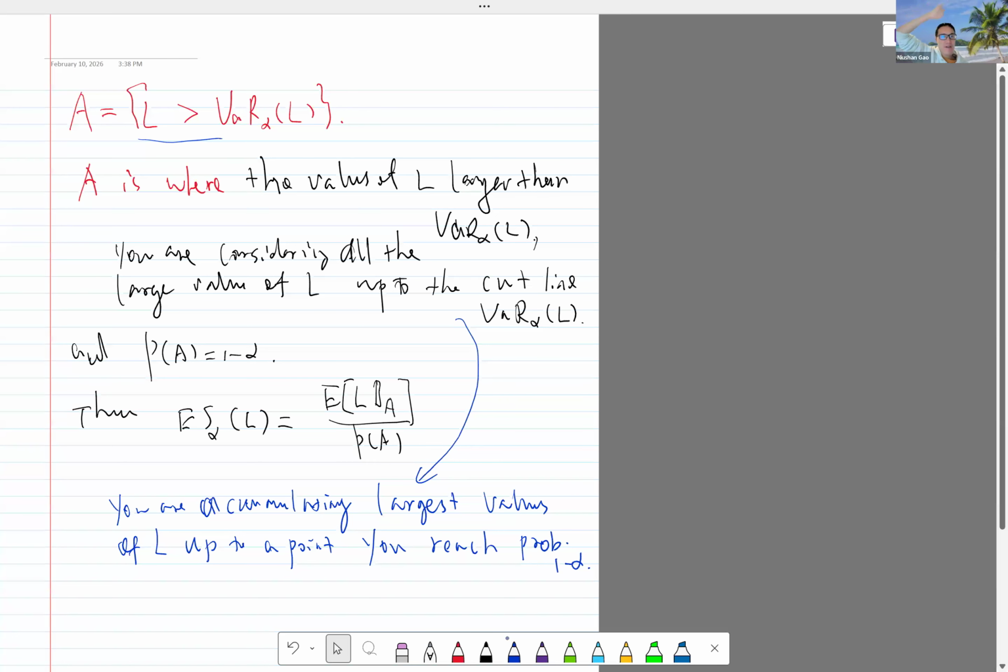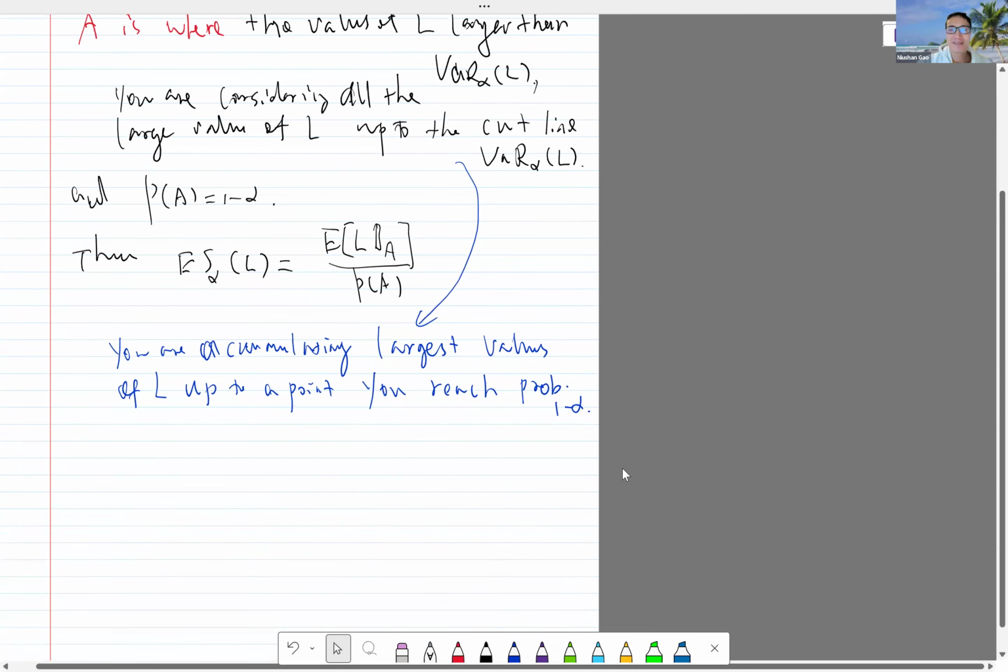You accumulate the largest values of L up to the value at risk. Out of the value at risk, exactly we have probability 1 minus alpha. The set A you are considering is L larger than a cutoff point, right? You start from the largest values, the larger the better, and go down until a point. Now you have probability 1 minus alpha. And the point, luckily, is just the value at risk. Okay, that's it.